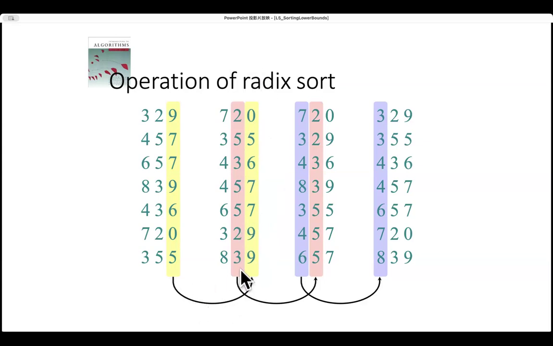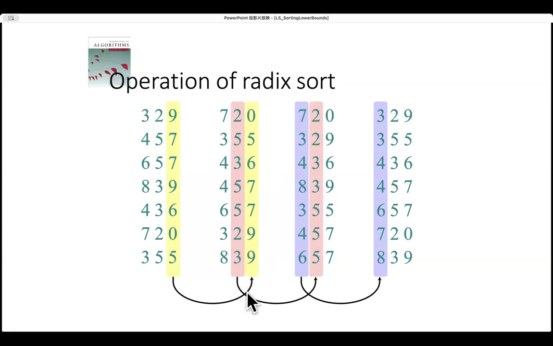So at the conclusion of the first loop, after we deal with the rightmost digit, the rightmost digit is sorted. No question about that, right?